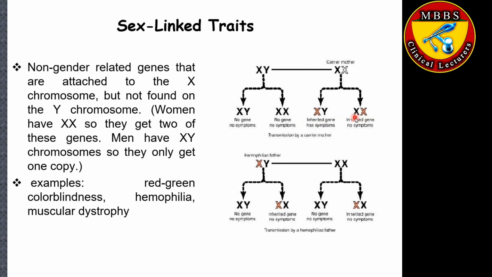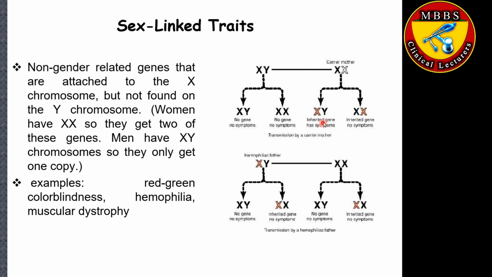But one female will inherit the normal X and the other affected X. See, the inherited gene is present, but she will present with no symptoms. Why no symptoms? Because this normal gene is taking care of this mutated X here. It has masked this inherited mutant X. So the females will not present any symptom.